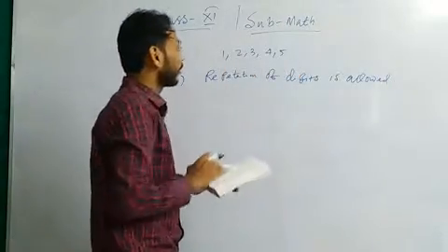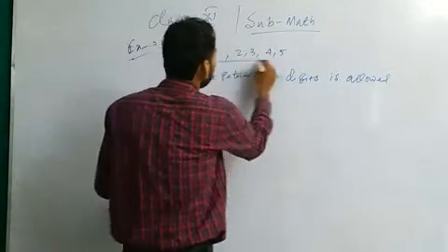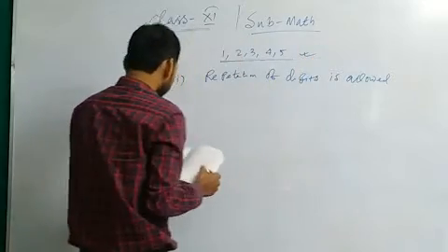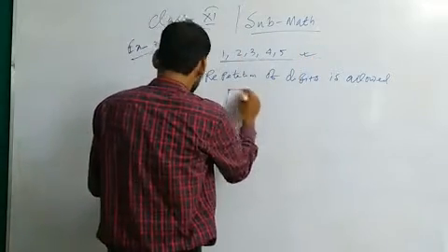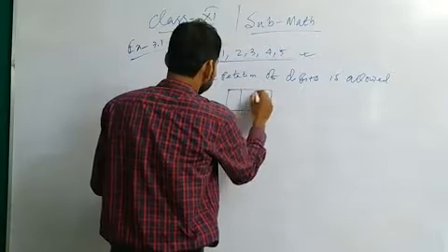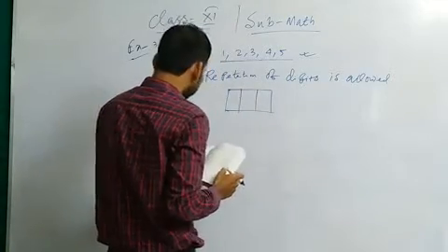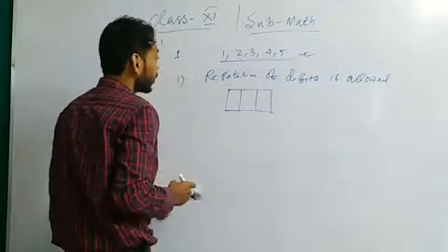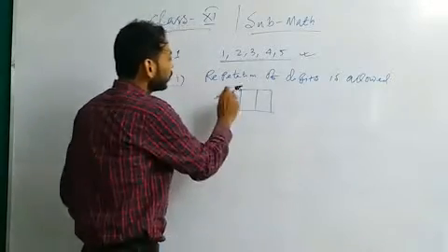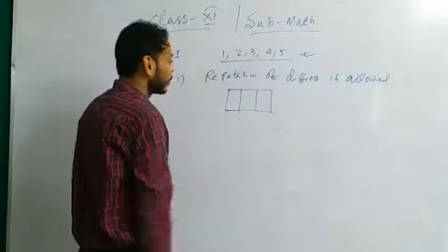So we'll do the first one first. Here you can see that 5 digits are given, and you have to make a 3-digit number with these digits, and repetition is allowed here. So we have to fill up these 3 vacant spaces.